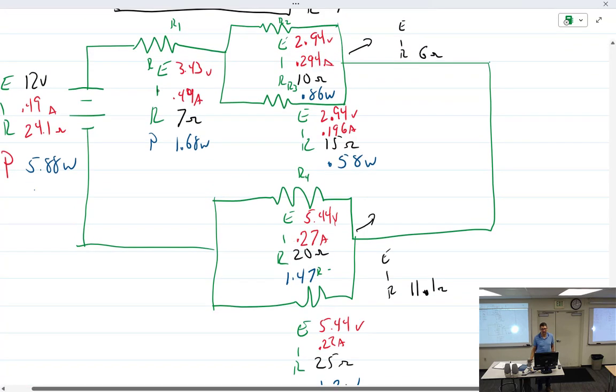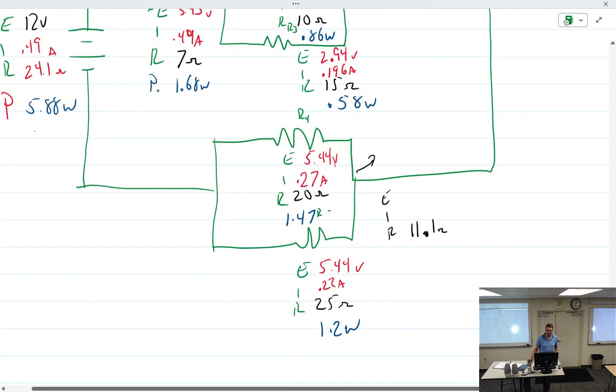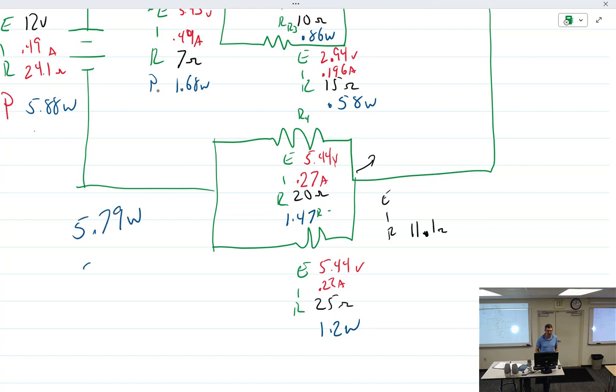It's important. 1.68 plus 0.86 plus 0.58 plus 1.47 plus 1.2 equals 5.79 watts, which is pretty much 5.8 if we round up, because I did a lot of rounding in here. Pretty much 5.8. So does that match that one reasonably close?